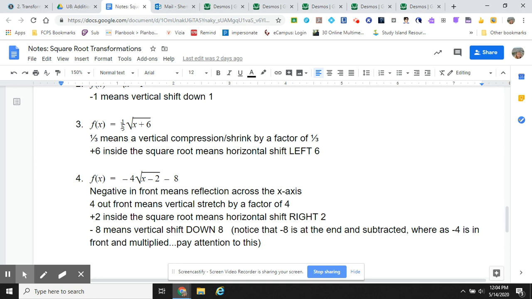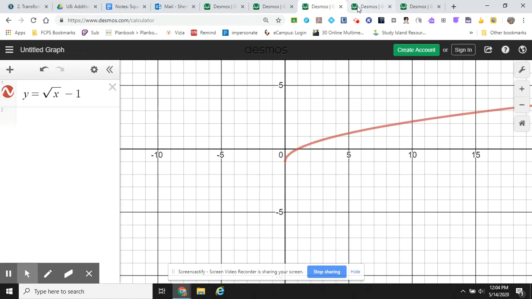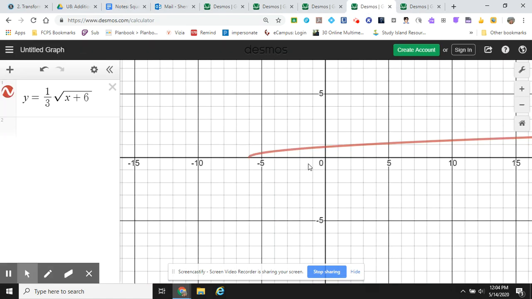The 1/3 out front means it's a compression or a shrink by a factor of 1/3. And then the plus 6 on the inside is a shift left 6. And that is this one here. So I moved it left 6 and I shrunk it vertically because remember, you're pushing down on it. So we're pushing up and down on it.